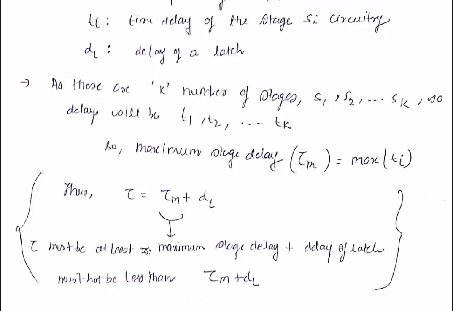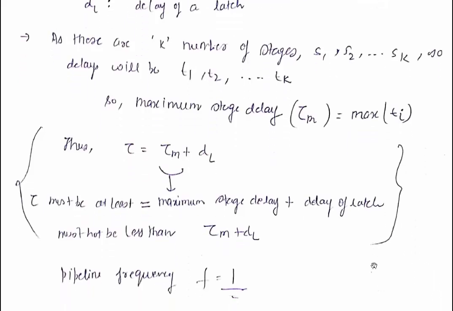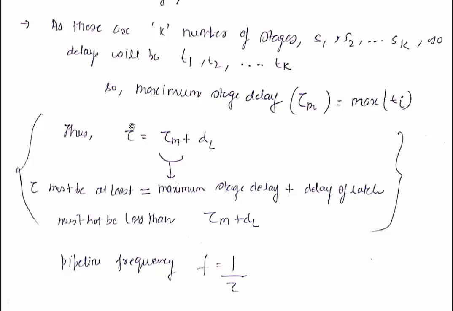So here I have explicitly written that tau must be at least equal to the maximum stage delay plus the delay of the latch, that is tau greater than or equal to tau of m plus dl. So please remember this mathematical expression, because it would be useful when you solve numerical problems.